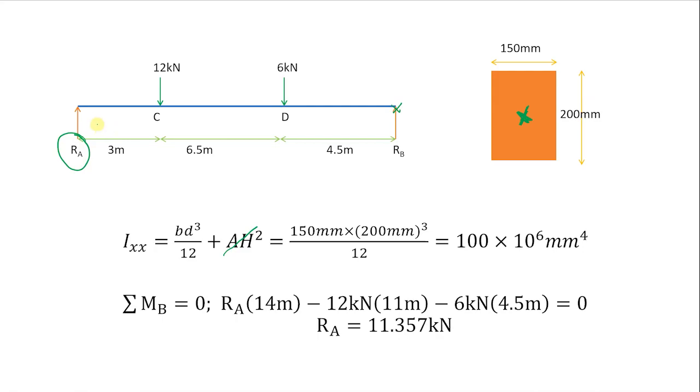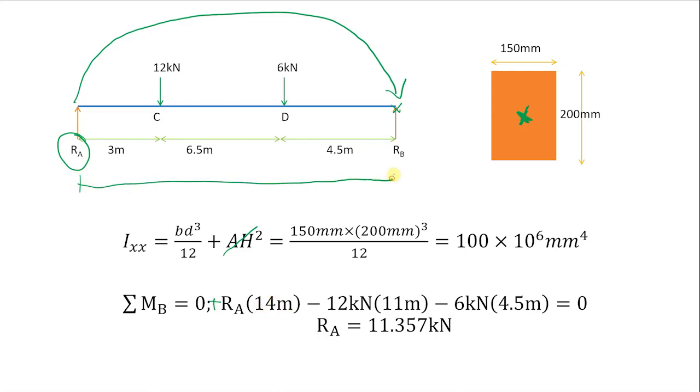First we have reaction at point A, RA. So RA going to point B. Okay, this is clockwise. So that's why dia plus here. And then darab dengan 14 meter since the distance is 14 meter. Minus with 12 kilonewton because counterclockwise. Okay, negatif lah.